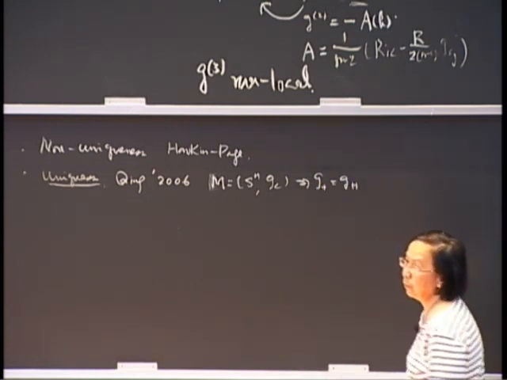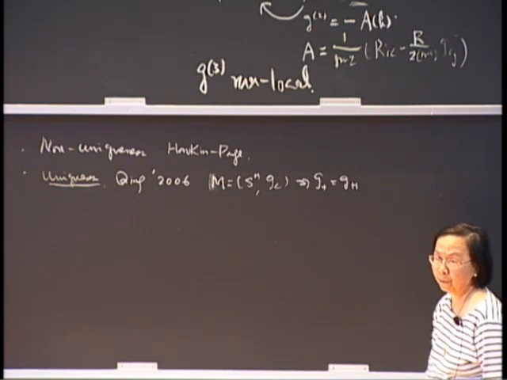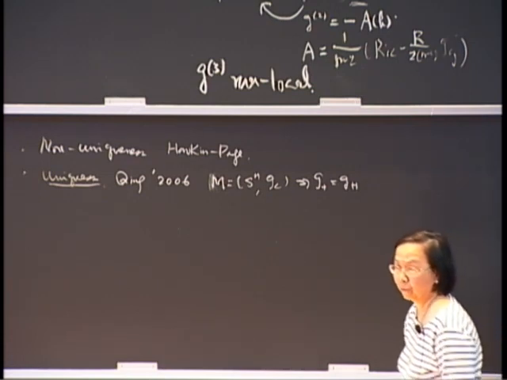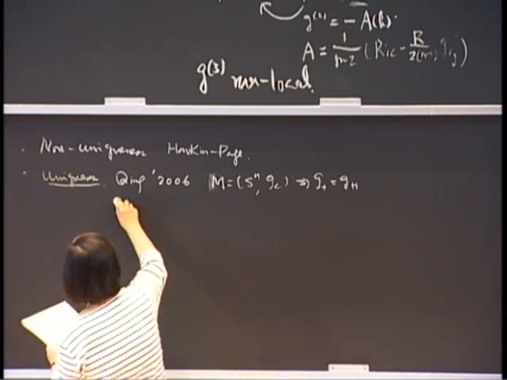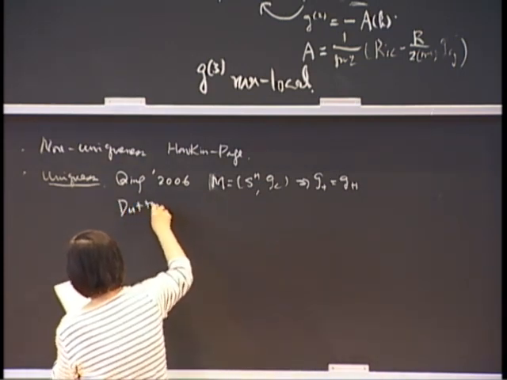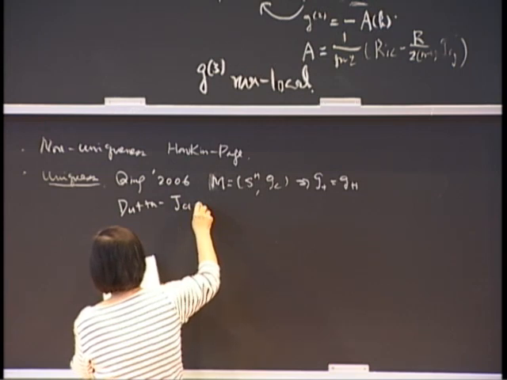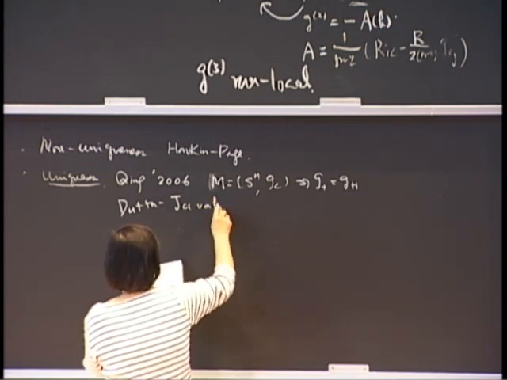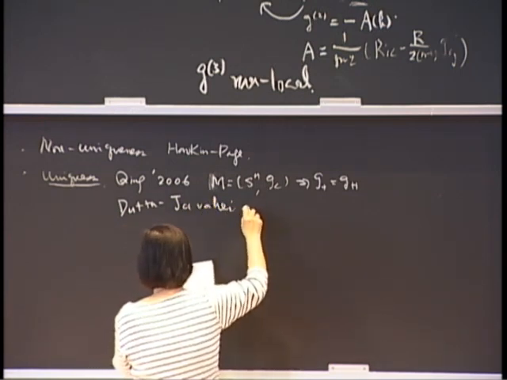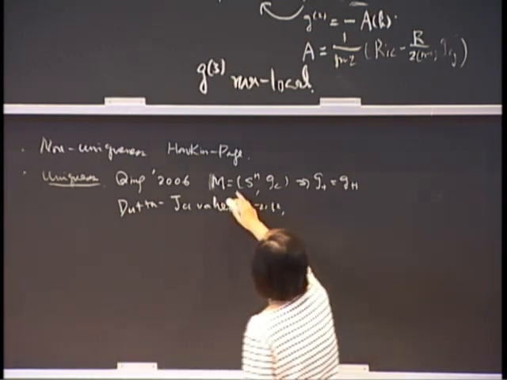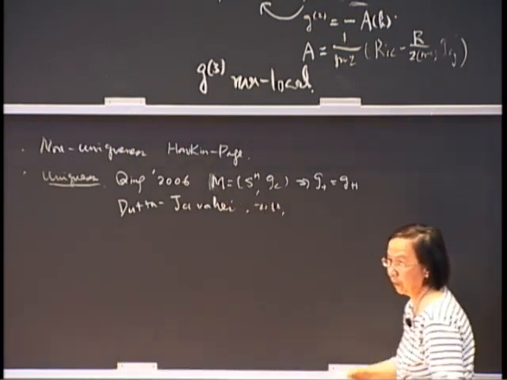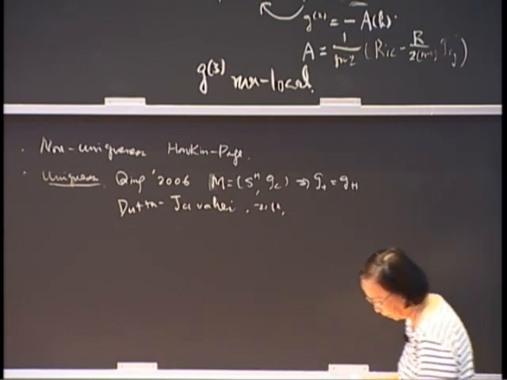His proof used the positive mass theorem, so it only works so far for n less than or equal to 6, but there is also the Dutta and Javaheri result later, 2010, which says this is true in general. So on the Sn, the result is rigid.